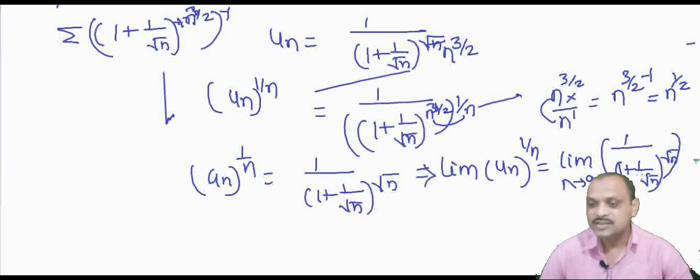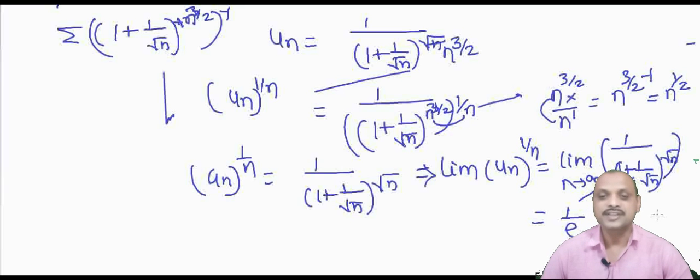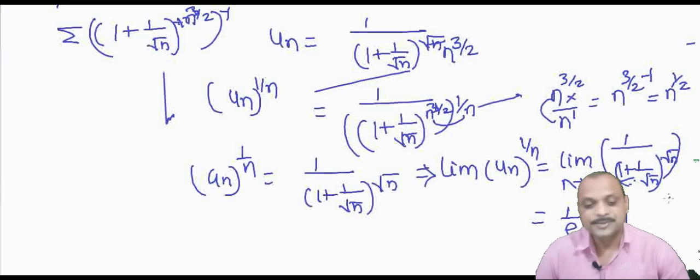Now look at this, this is (1 plus 1 by n) whole raised to n, whose limit is e, and hence this is 1 divided by e, and 1 divided by e is less than 1. As 1 divided by e is less than 1, the series is a convergent series.